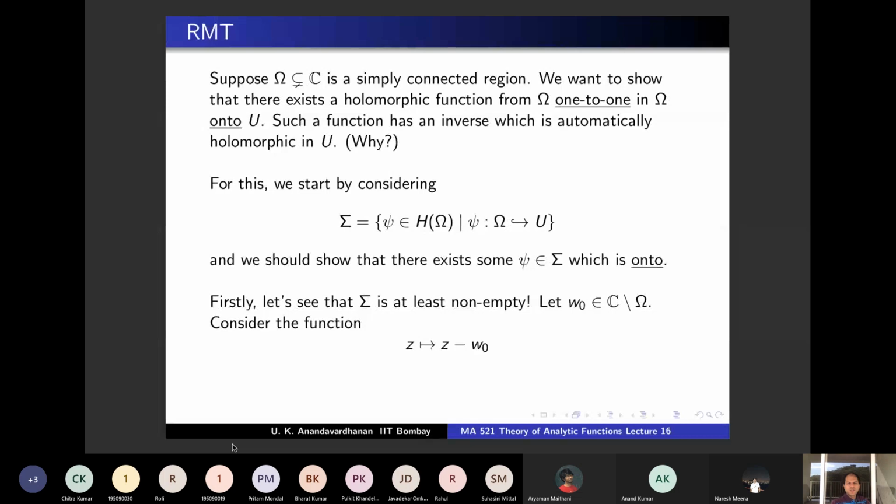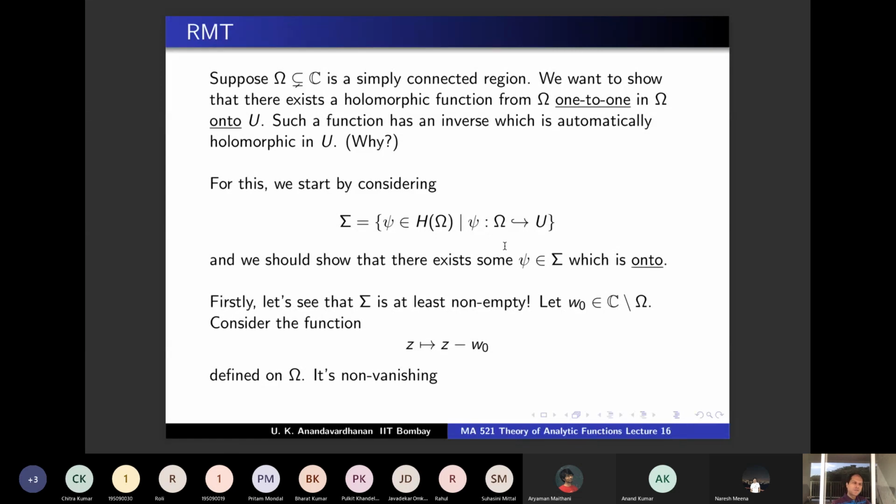What can you say about this function on omega? On omega, this function is never zero. It is non-vanishing throughout.